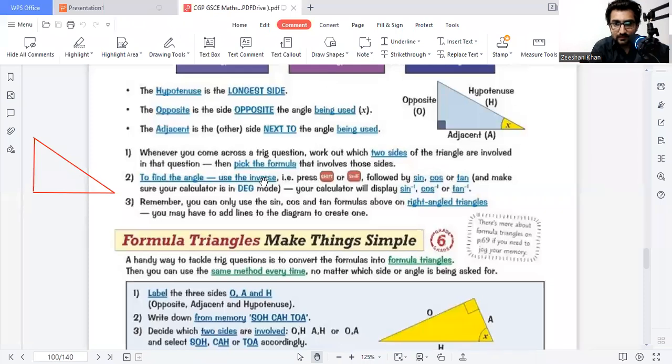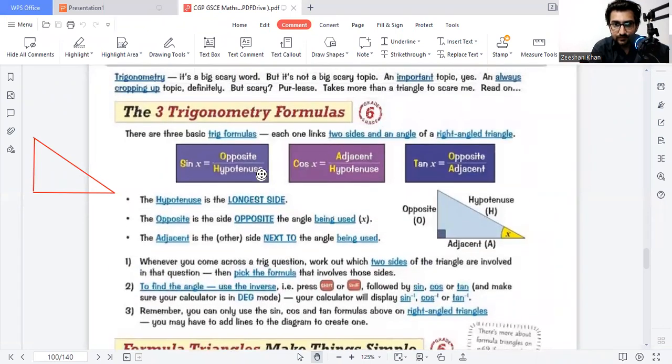This is the opposite, this is the x, this is the 90 degree, this one is the hypotenuse, and this one is adjacent.